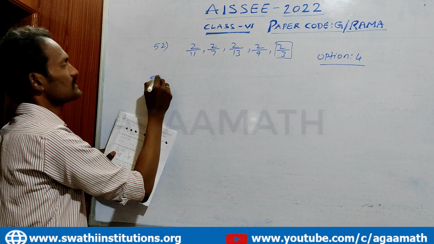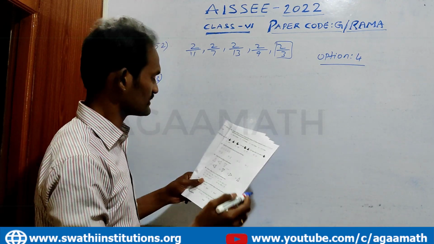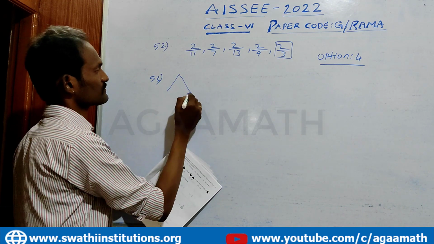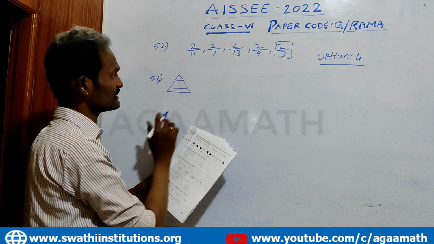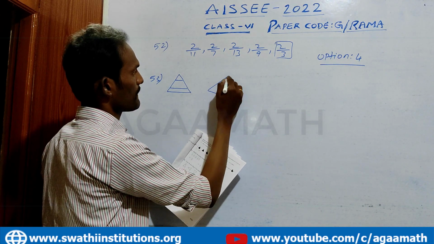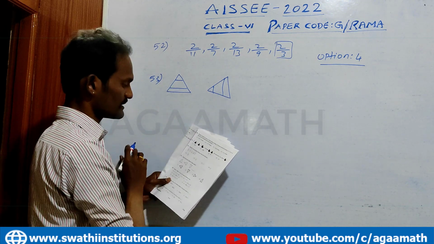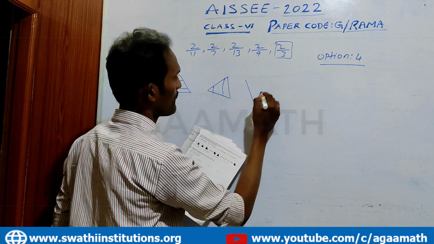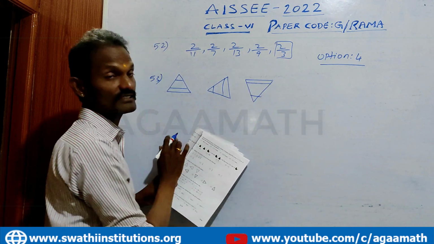Next, 53. Select the next figure in the pattern. This is the first figure. This is the second figure. This is the third figure.